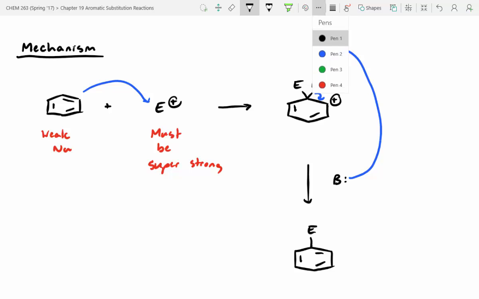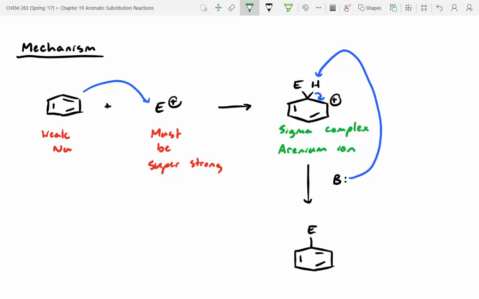Depending on what textbook you refer to, they call it different names. Some textbooks refer to it as a sigma complex, and other textbooks refer to it as an arenium ion. It doesn't really matter which term you use. It's tomato or tomato in my book.